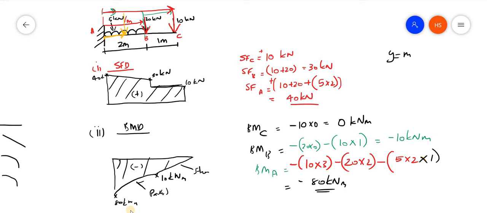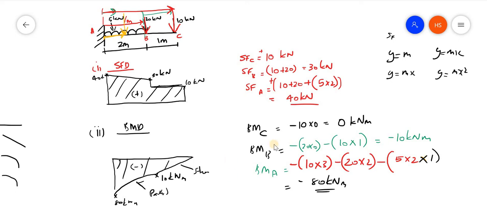If this is the shear force, the bending moment will be y is equal to m into x, a straight line. And if the shear force is y is equal to m into x, the bending moment will be y is equal to m into x square. That is, the bending moment will be one degree higher than the shear force diagram. If shear force is constant, bending moment will be linear, and likewise.